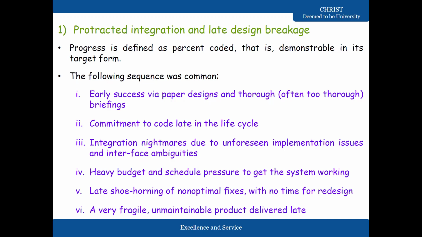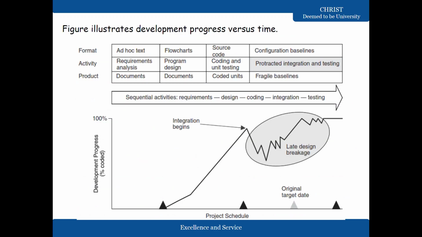The following sequence was common: early success via paper designs and often too thorough briefings, and then commitment to code late in the life cycle. Integration nightmares due to unforeseen implementation issues and interface ambiguities, heavy budget and schedule pressure to get the system working, late shoehorning of non-optimal fixes with no time for redesign, and a very fragile, unmanageable product delivered late. Okay, so this is the first point.